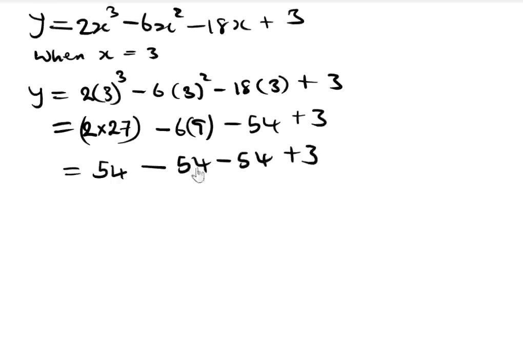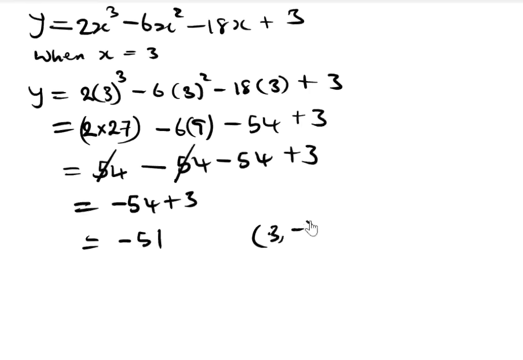Therefore, the 54 and minus 54 cancel, and we'll be left with minus 54 plus 3, which is minus 51. Therefore, when x is equal to 3, we have the point to be 3, minus 51.